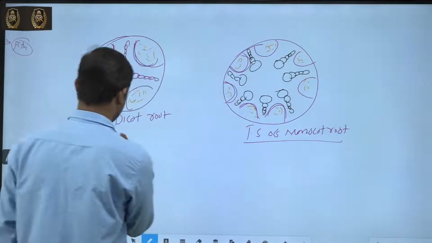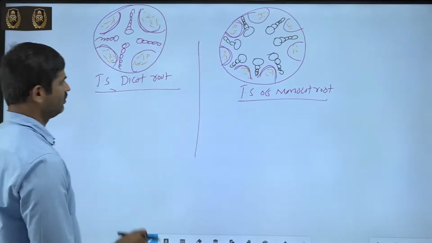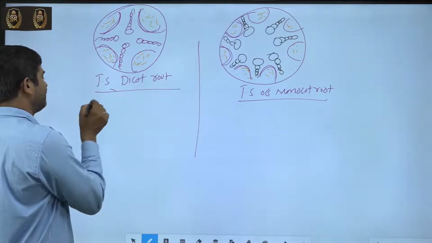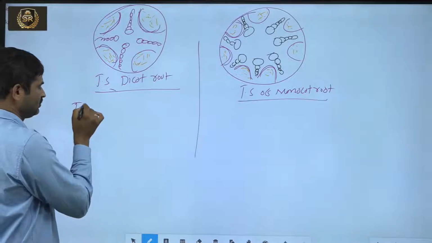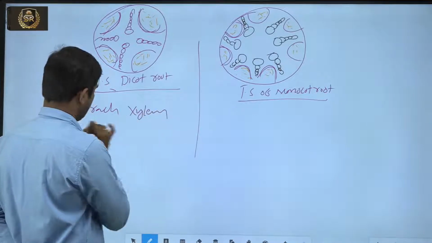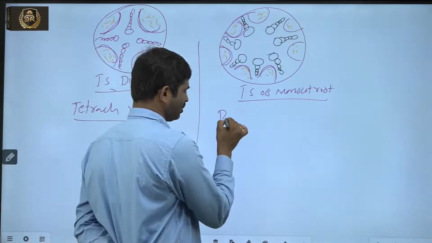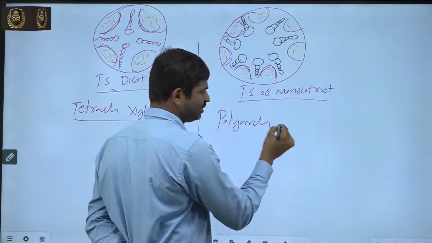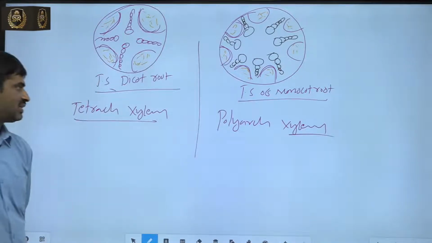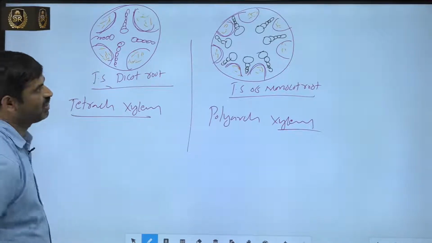The difference, for example: tetrarch xylem vessels are present in dicot root, whereas polyarch xylem vessels are present in monocot root.